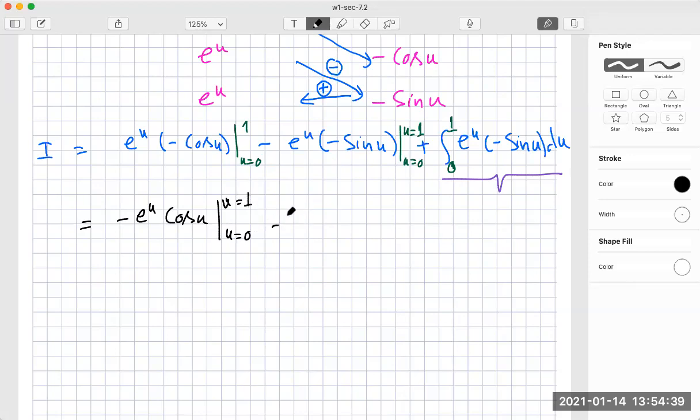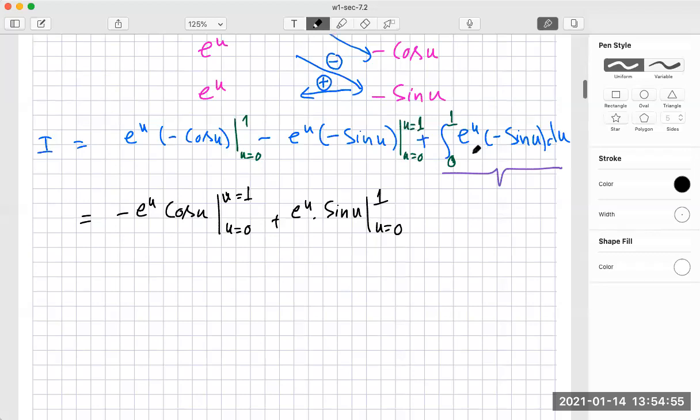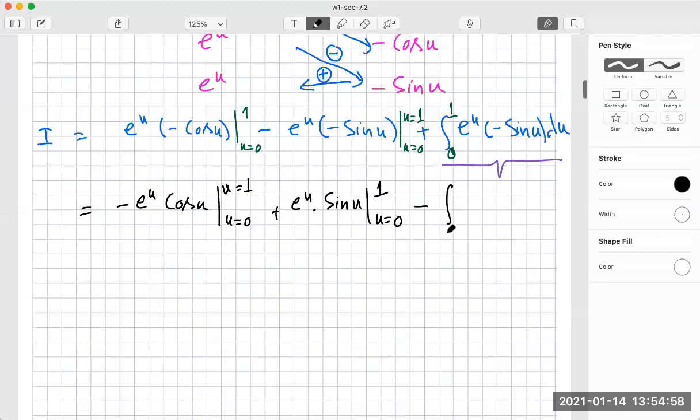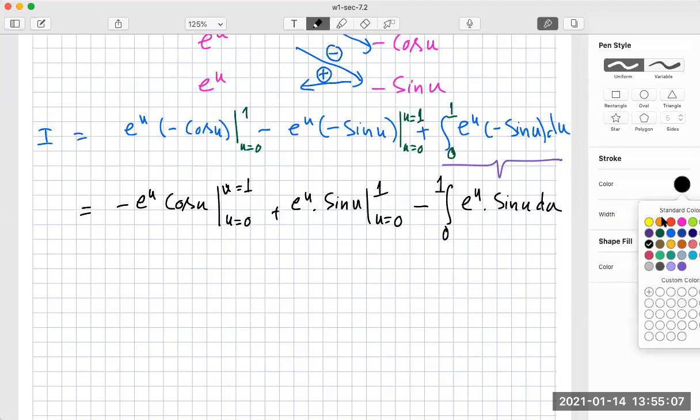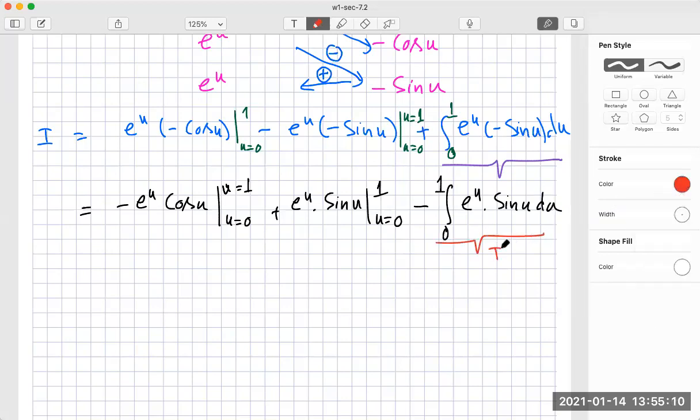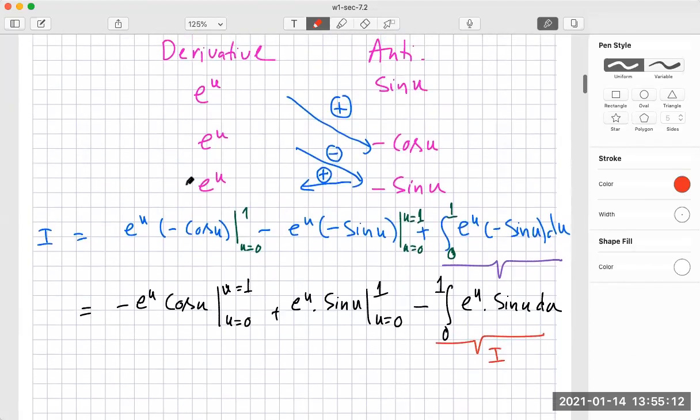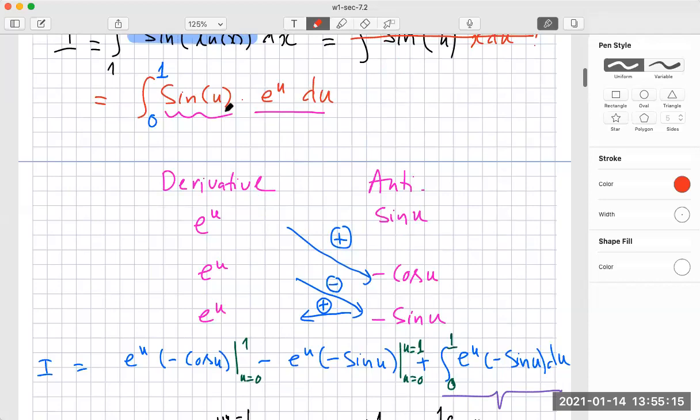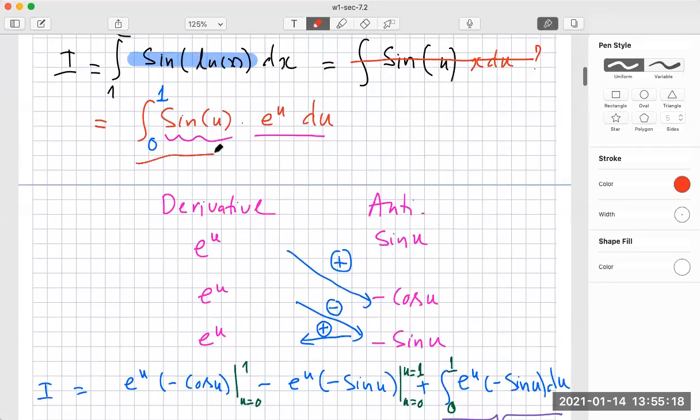The second term is negative and negative gives us? Thank you. Plus e to the u sine u, from u equals 0 to 1. And for the last term, the negative sign we can take out of the integral, and it will be negative integral from 0 to 1 of e to the u sine u du. It's nothing else but I, the one we are trying to compute here. The same as here. See?